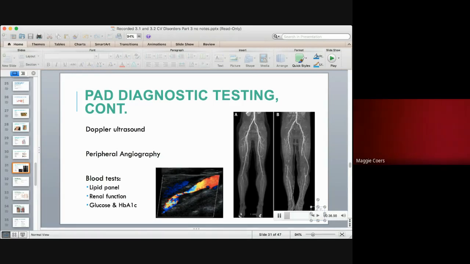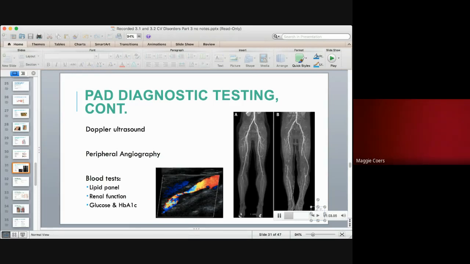Now the colorful image, the red, orange, yellow, is the blood moving through the arterial system in the Doppler ultrasound. The blue, green, and purple is blood flowing back or mixed together, or sloshing around in the vascular system.